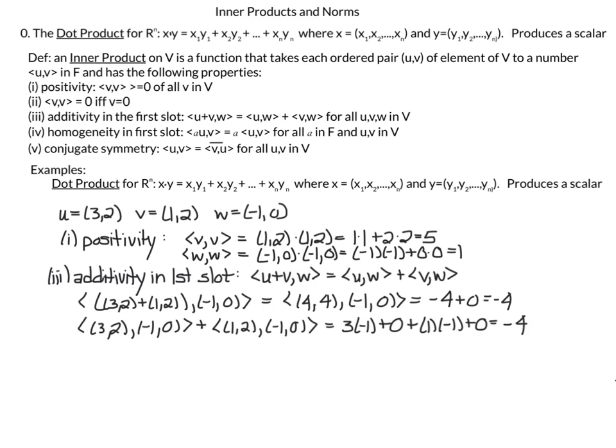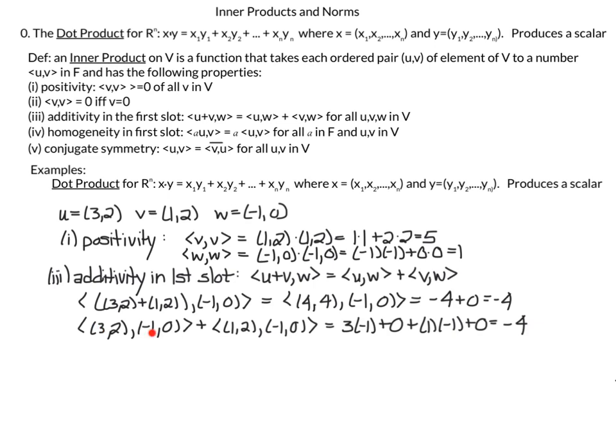Then I can look at the other side of the equation for my additivity in the first slot and calculate the inner product of uw added to the inner product of vw. So the inner product of uw, that is the inner product of 3, 2 with -1, 0, plus the inner product of vw, that's the inner product of 1, 2 with -1, 0.